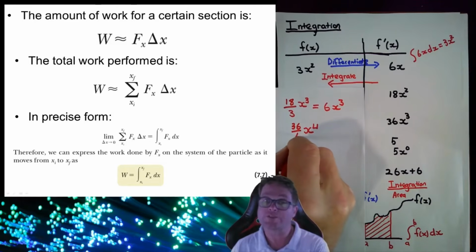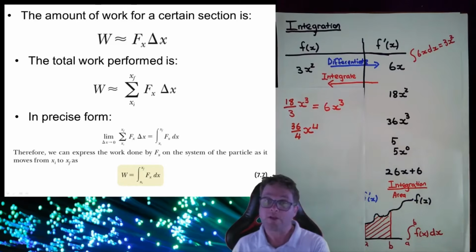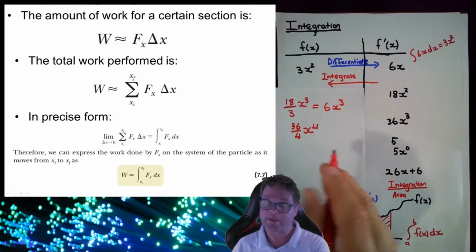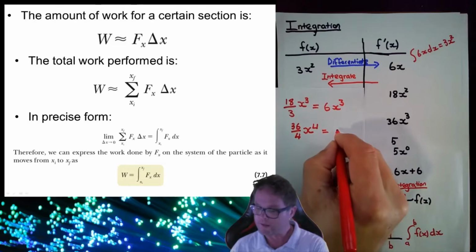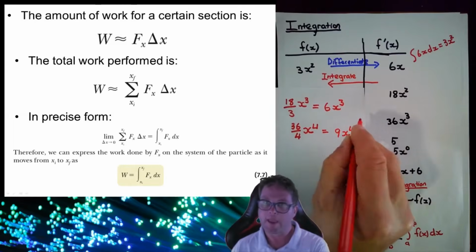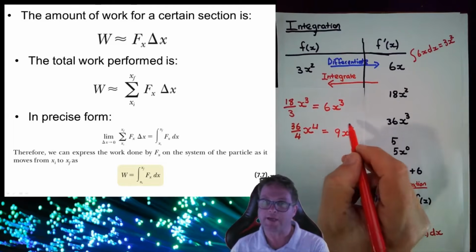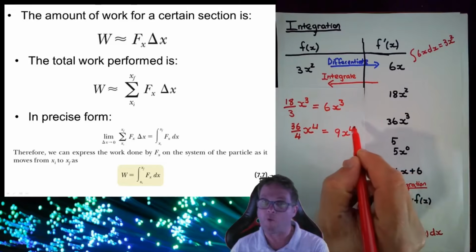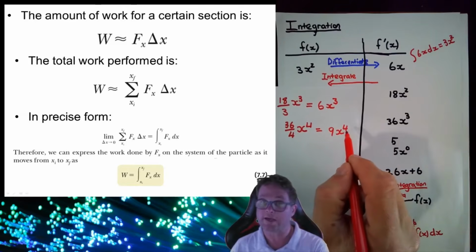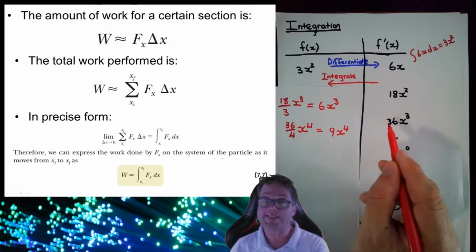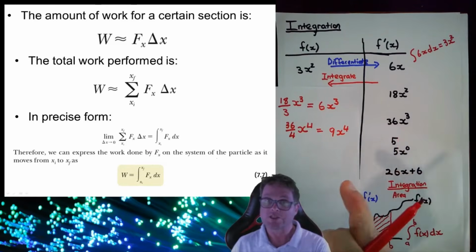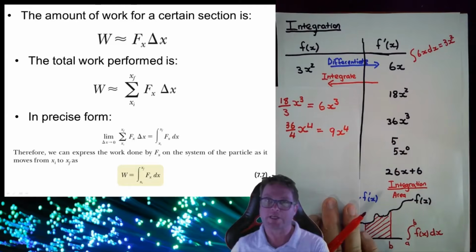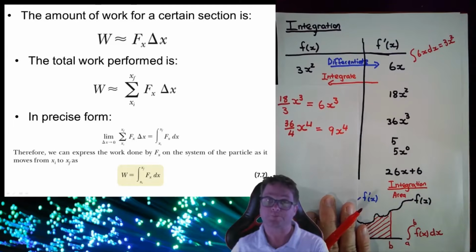The new power is 4. If we simplify this, 36 divided by 4 is equal to 9x to the power of 4. And if we differentiate 9x to the power of 4, we do indeed get 36x to the power of 3. So this goes to show that our integration has been successful.